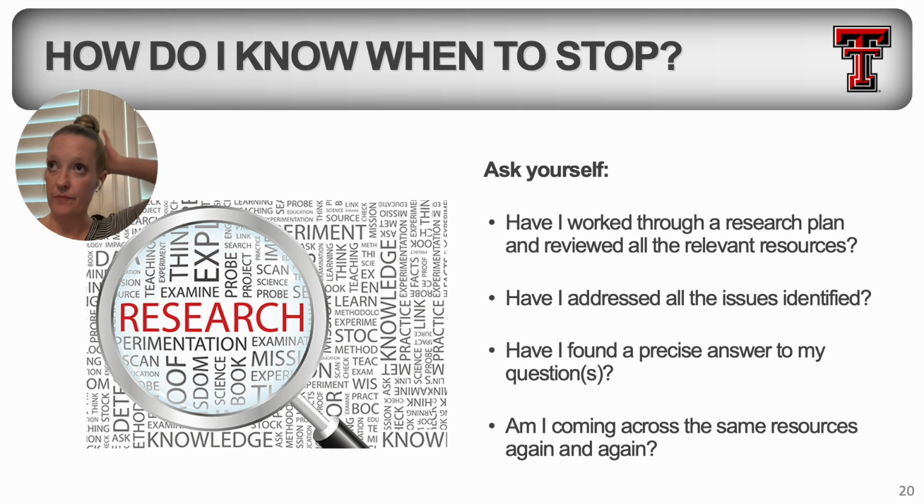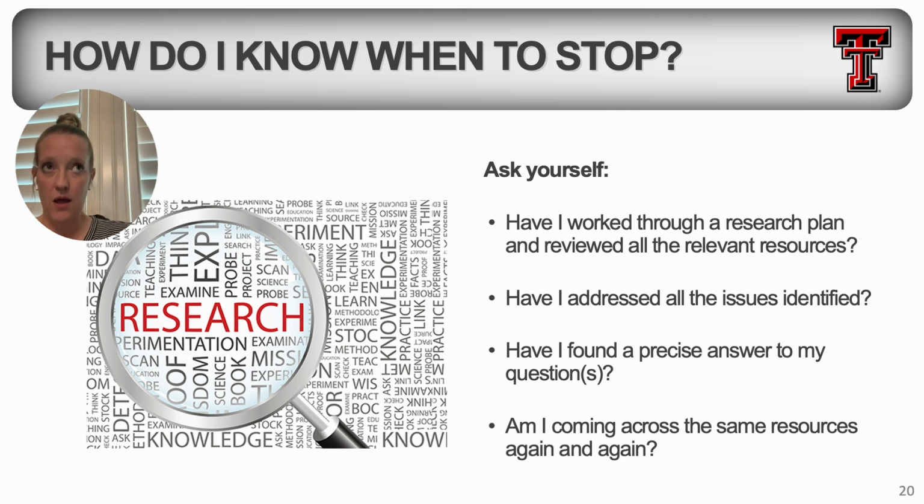So there are a few different indicators that will help you to recognize that you are at a stopping point. So first, we've talked about our 4-step research process. Have you worked through that process? Have you reviewed all of the relevant resources that you identified in that process?